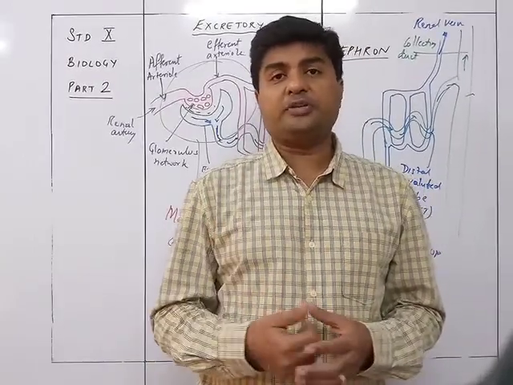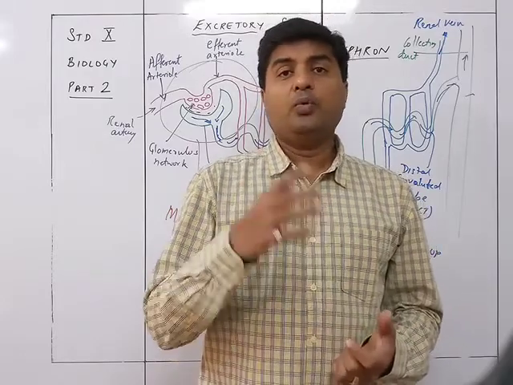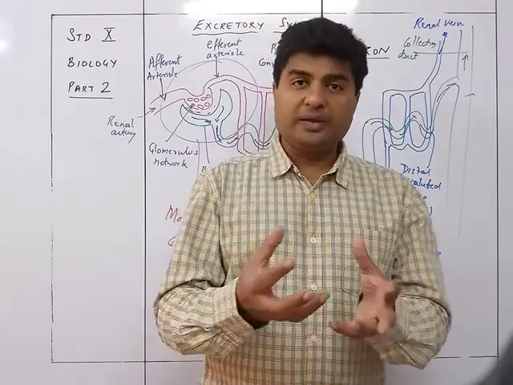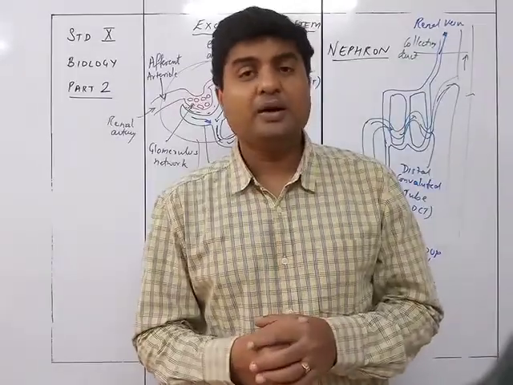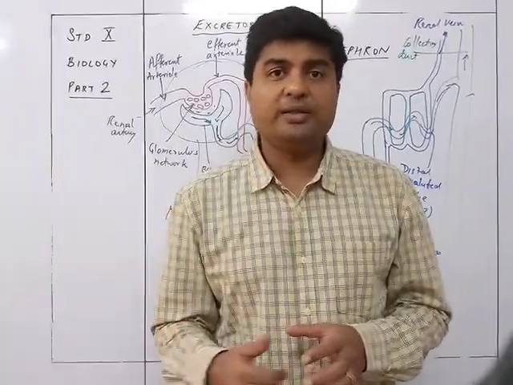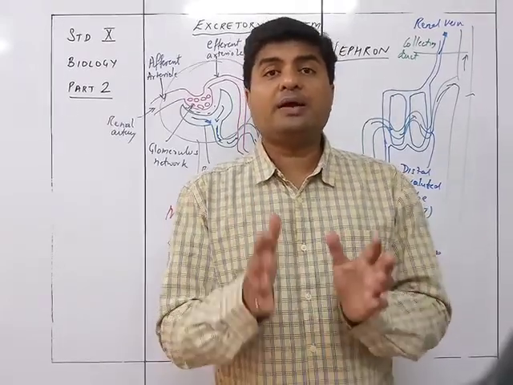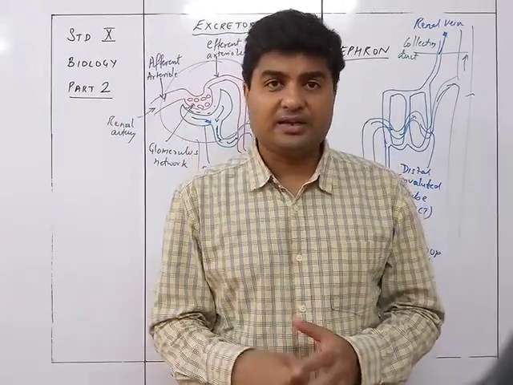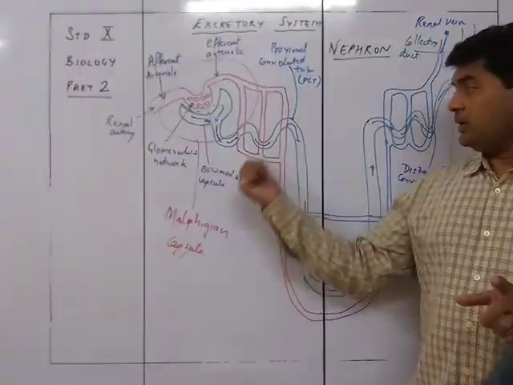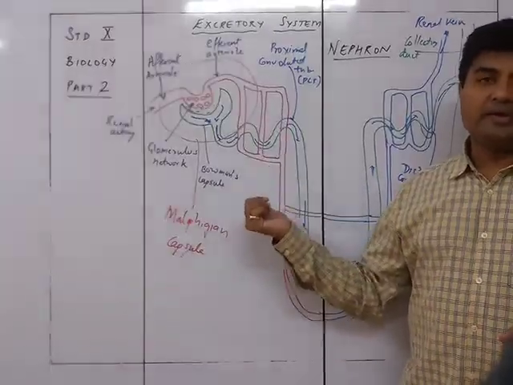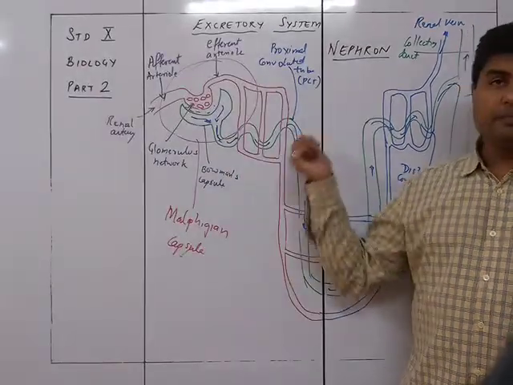Because the reabsorption capacity of the large intestine reduces in that case, and most of the water which was supposed to be reabsorbed by the body during the digestive part is just thrown out in the feces. So the water content in the body is drastically reduced. So what happens? Whatever water is present in the body is going to be reabsorbed by the blood.